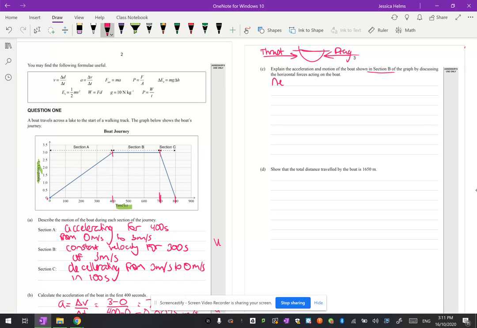So the net force acting on the boat in the horizontal direction is 0.